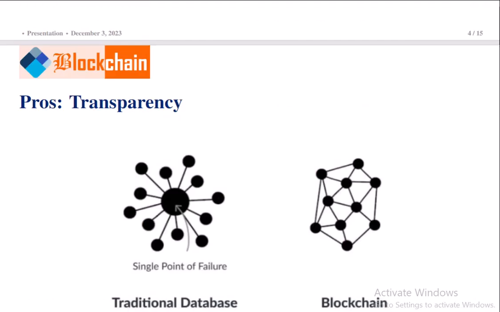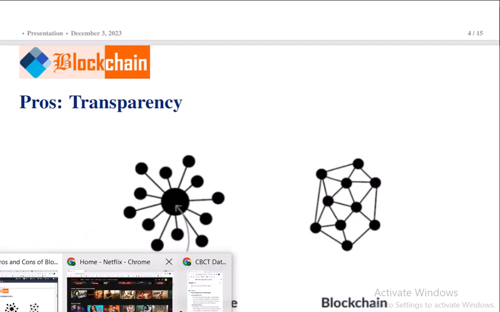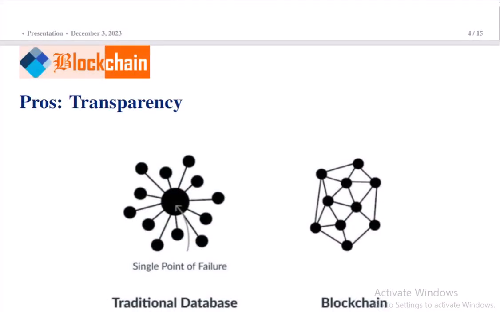The third is transparency. The blockchain network is more transparent.